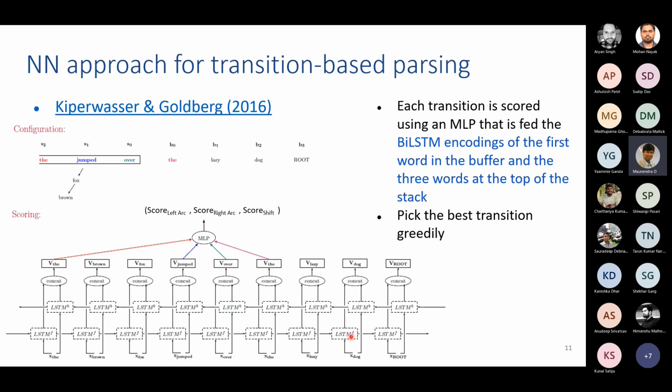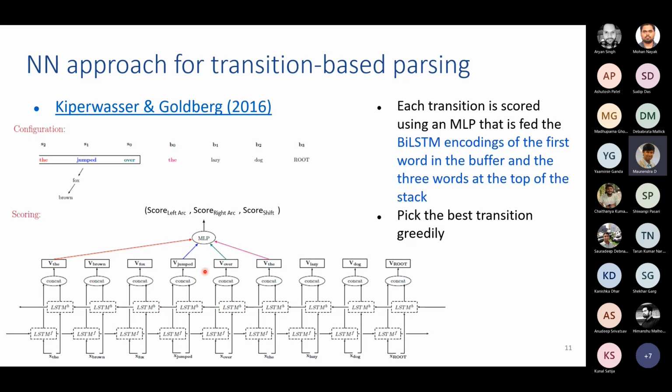So the output that we get from the BiLSTM, they have shown both the LSTMs separately here, forward and backward, and their representations can be concatenated to get the representation for each of the inputs, right? So this is the BiLSTM representation for this, this is the BiLSTM representation for brown, and so on.